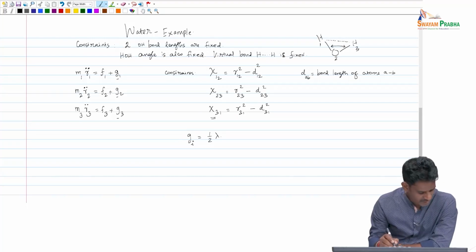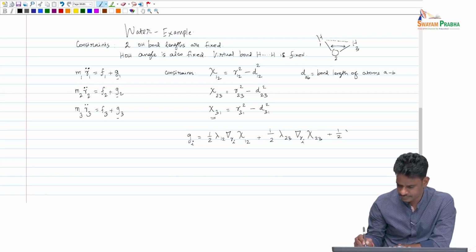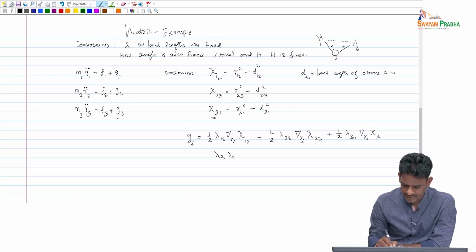We write this as a sum of forces here. So here lambda 12, lambda 23 and lambda 31 are undetermined, that means we don't know the values yet.